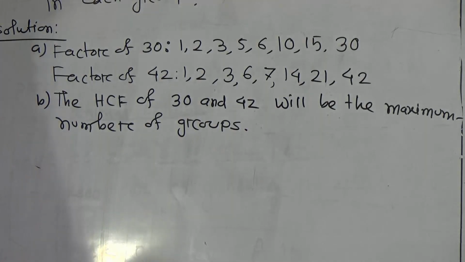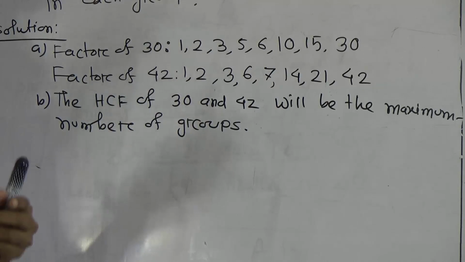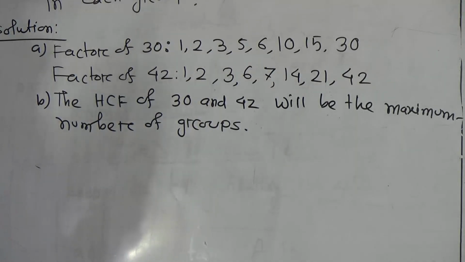That means you have to make the groups using 6, using 7 or using 8.